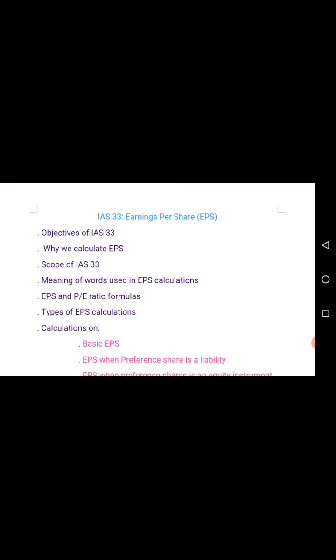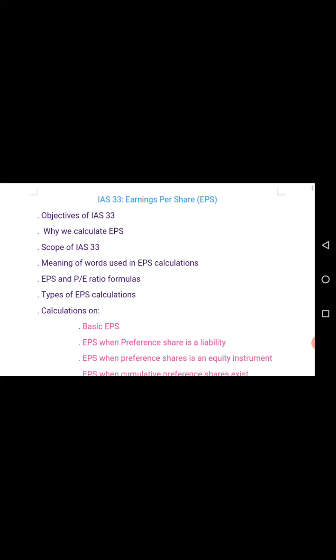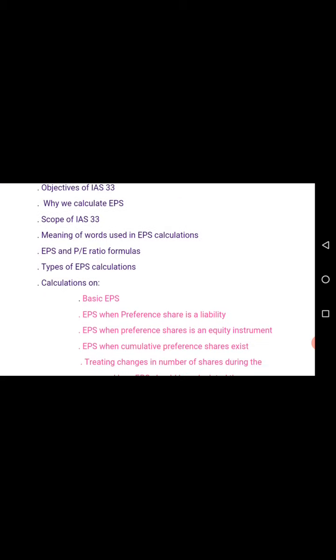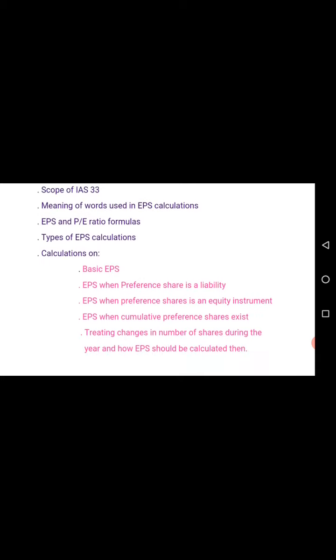Then fifth is the EPS and PE ratio. The PE stands for price earning ratio and their formulas. Then furthermore, we'll be taking a look at the types of EPS calculations. Then calculations on basic EPS, EPS when preference share is a liability, and calculating EPS when preference shares is an equity instrument.